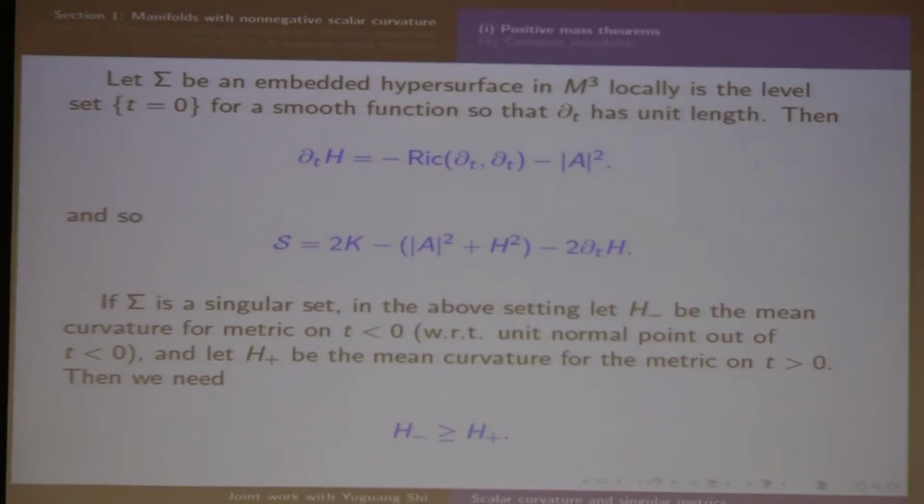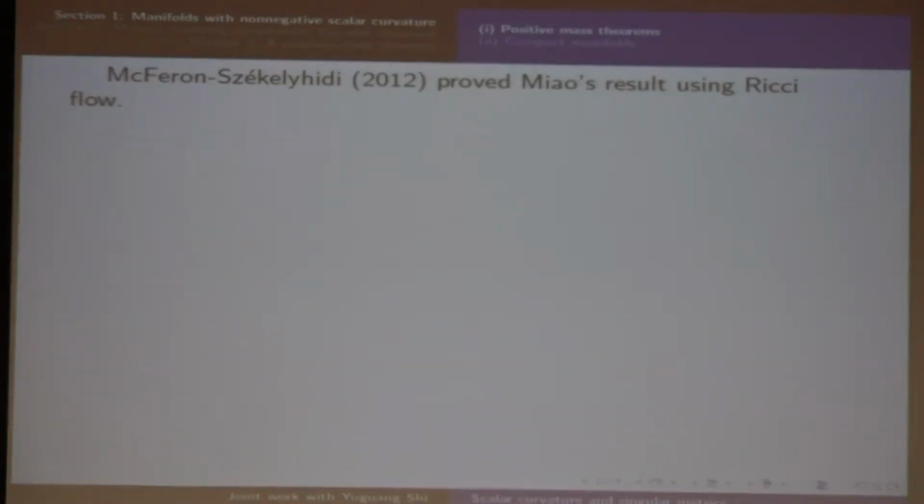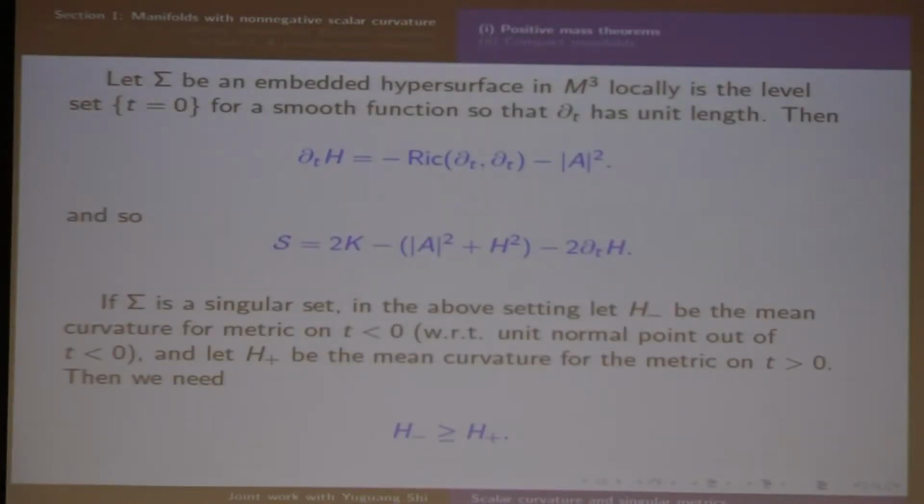Under this condition, together with the previous assumption, Mel proved that the positive mass theorem is still true. Actually, Shi and I also proved this for the case that the mean curvatures are the same, but for spin manifolds, because we encountered some problem related to this kind of stuff.